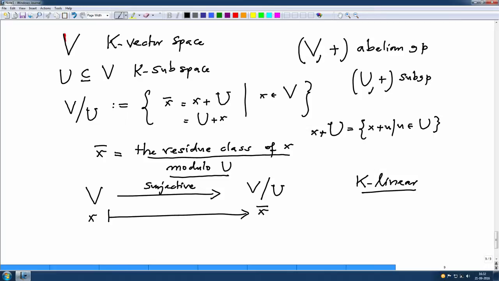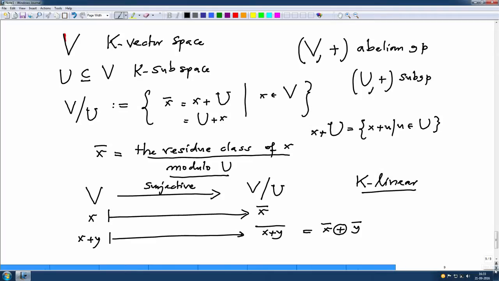K-linearity means x plus y, by definition, goes to x plus y whole bar, and what we are asking is when is this equal to x bar plus y bar, for instance, and we are defining this plus. So obviously the definition is clear, we only need to check that it is well defined. That means it does not depend on the representative of this coset.